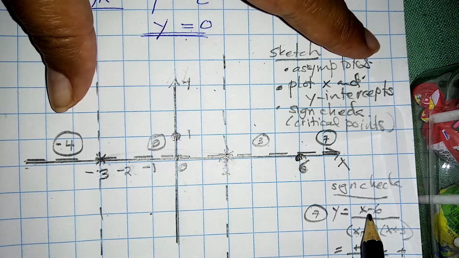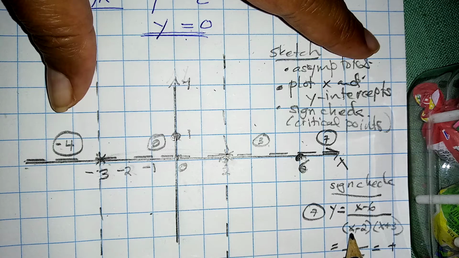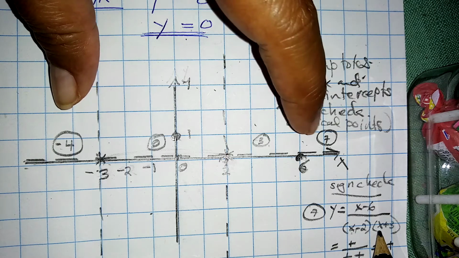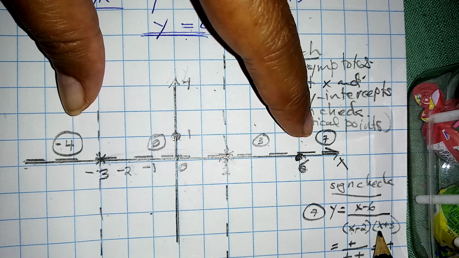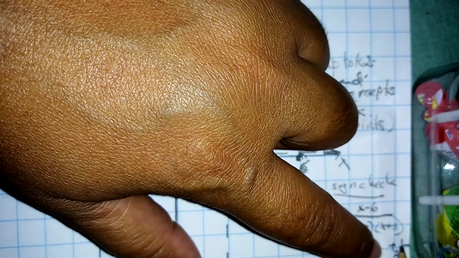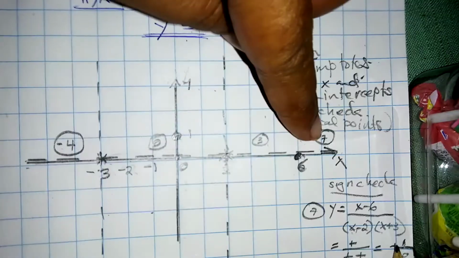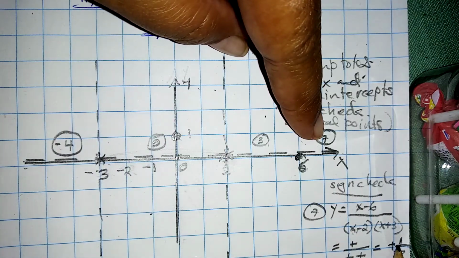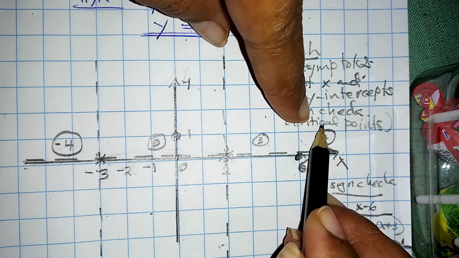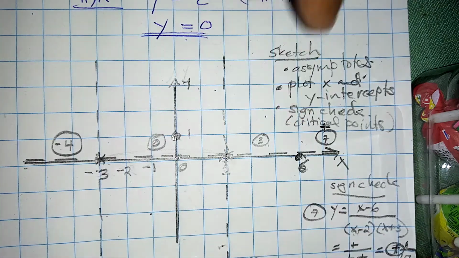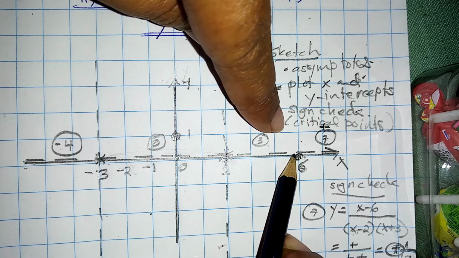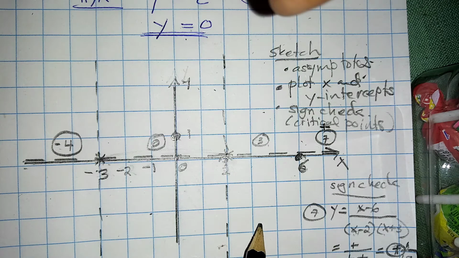In this case, that's 1, that's 5, and that's 10. 5 times 10 is 50, so it's positive 1 over 50. You'll get a positive number. So you go to 7 and you write down plus. That means from 6, you'll have a plus.